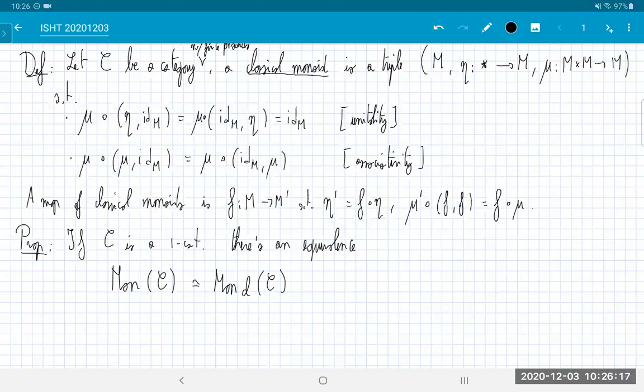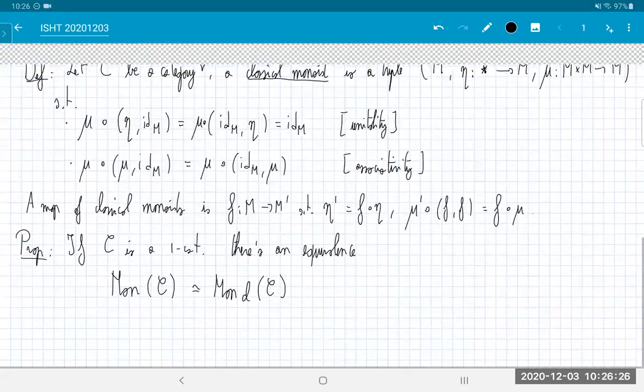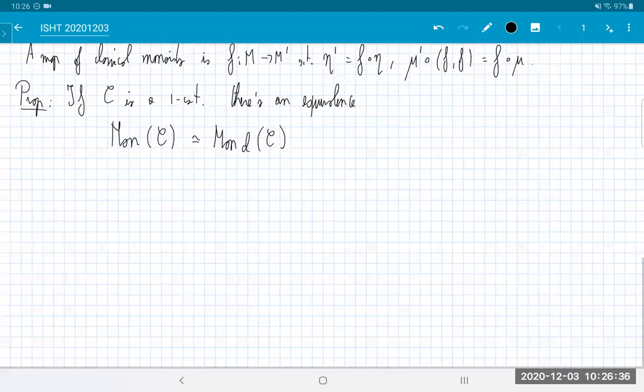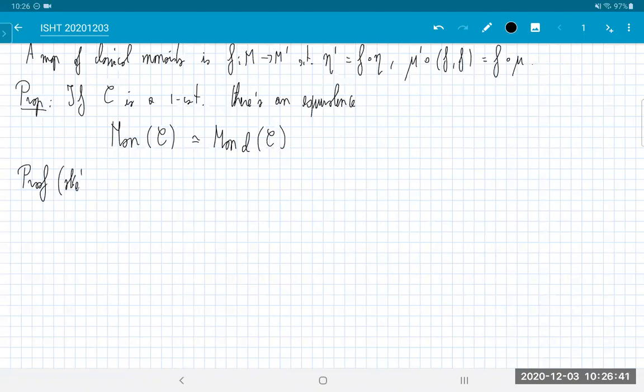And the equivalence is actually kind of easy. Other questions about this? No, okay. So actually, let me describe how this goes.